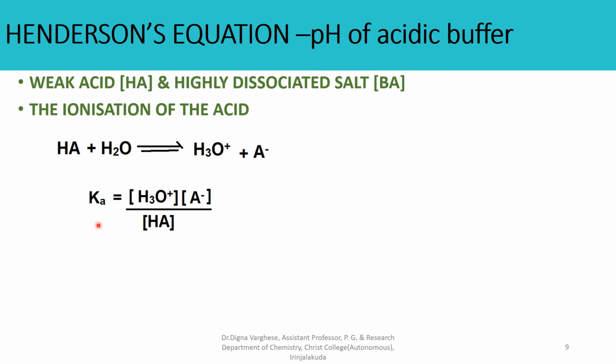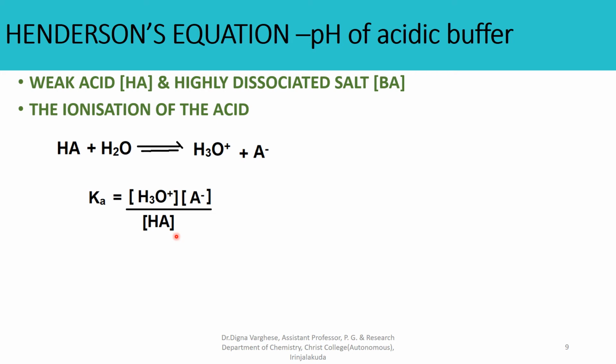Therefore, the ionization constant of the acid, Ka, is equal to concentration of hydronium ion into concentration of A minus divided by concentration of acid.